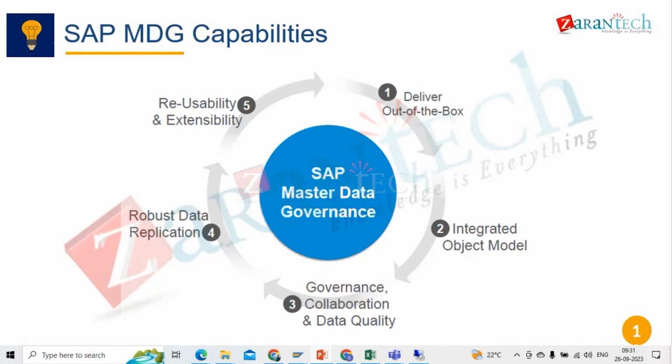You need to keep all the replication models activated. For that, you need to work with your Basis consultants. They will set up integration between the MDG system and all the target systems, either using SOA Manager or the ALE distribution model.